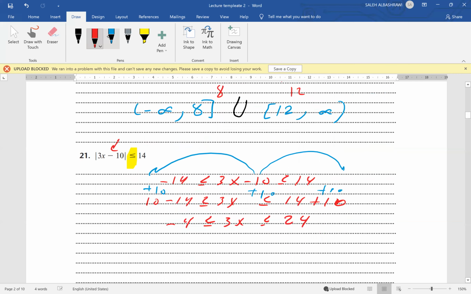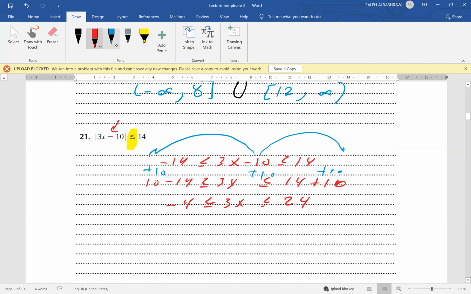Now divide by the coefficient. So we need to divide by 3. I will have minus 4 over 3 less than or equal to x less than or equal to 8.